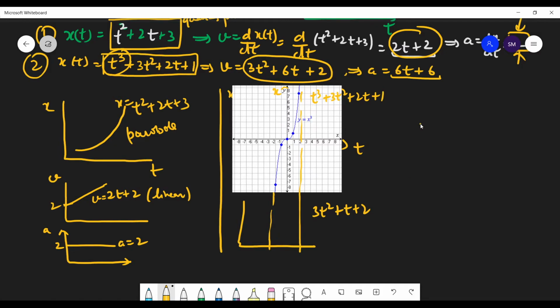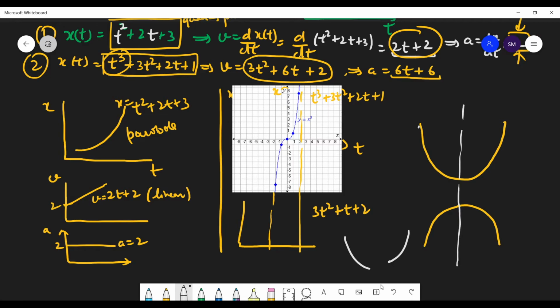These are the two parabolas, upward and downward. So let me first of all tell you about parabolas. In parabolas you get these kinds of curves. This is also a parabola, this is also a parabola, this part if you draw is also a parabola.